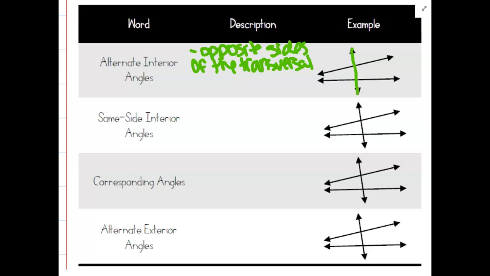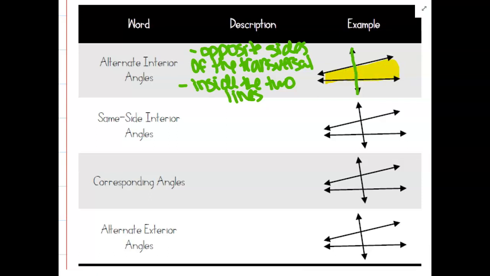Now the other part says interior, so we're talking about the two lines. Since they are interior angles, these are two angles inside the two lines. So the interior space right here, I'm going to pick my angles in there.